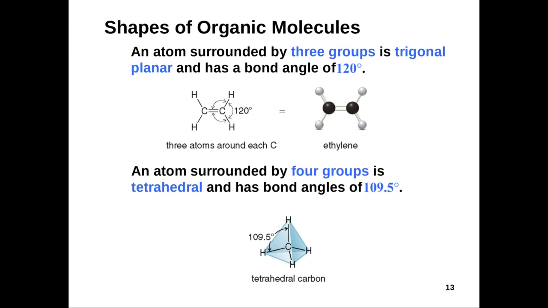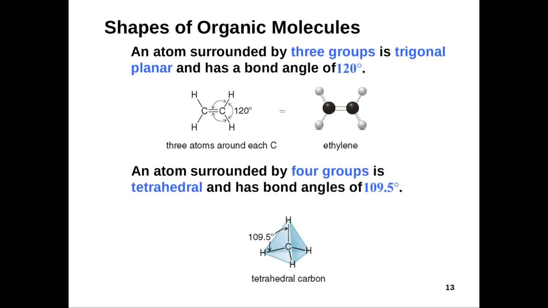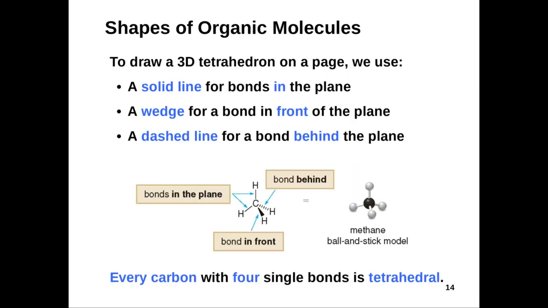But I will say there are some atoms that will bind to 6 and 7 things, and they start to take much different shapes. But for the purpose of this class, we're just thinking about these three distinct shapes of molecules. So we have linear, we have trigonal planar, and we have tetrahedral. So nothing crazy, but again, distinct shapes.